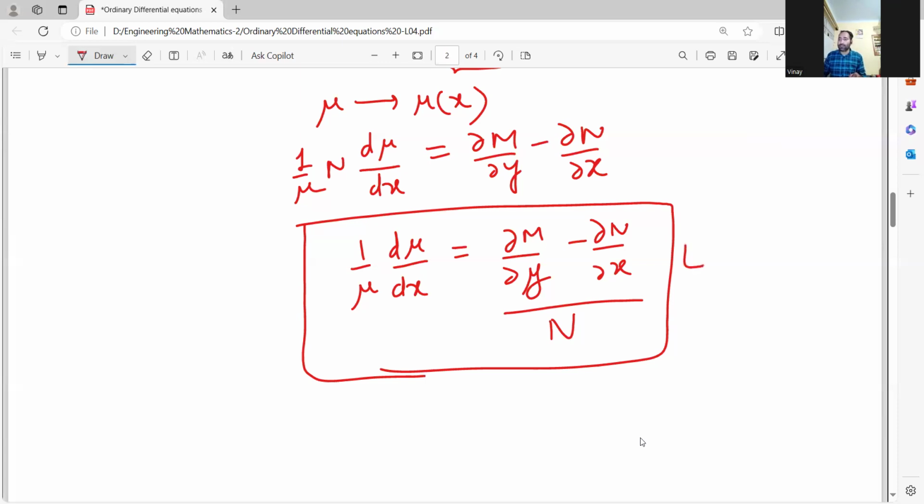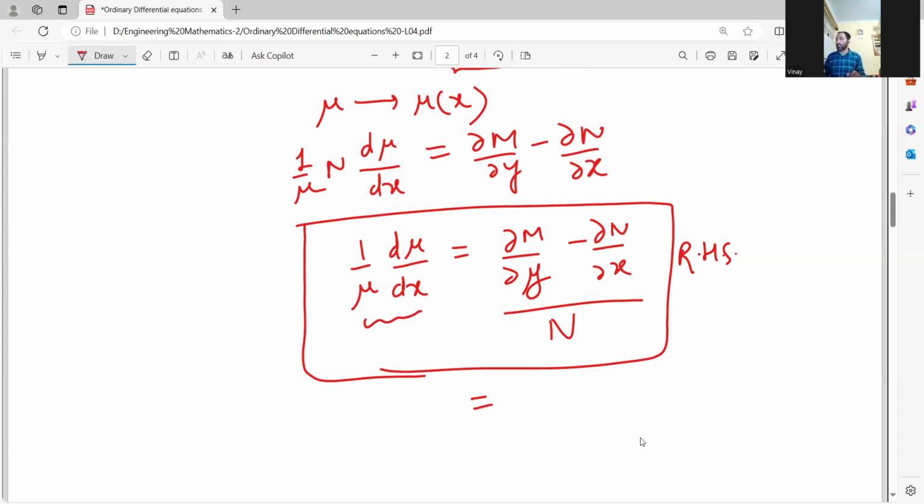Now let me conclude here. Whatever you have written on the right hand side, if this is a function of x only, tell me one thing, if the left hand side is a function of x only, how can the right hand side be a function of y?